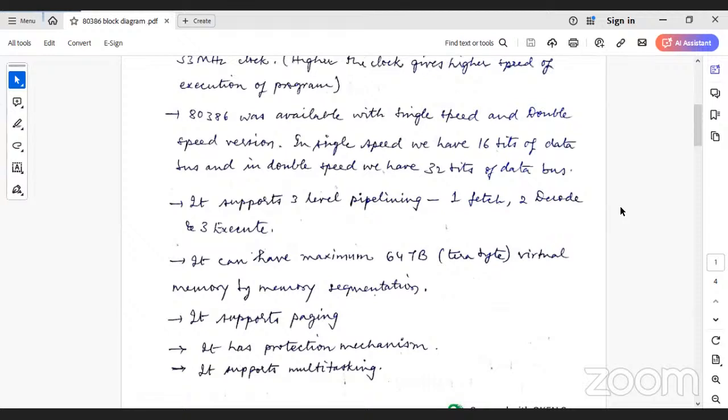It could provide a protection mechanism. It supported multitasking. And if the older versions were there, you could upgrade them with single speed and double speed type of designing. So these are all the features which 386 was providing. You can see suddenly there was a boost in the working of the processor.